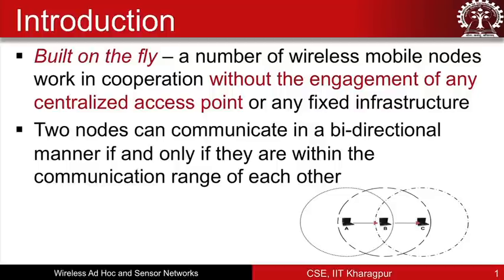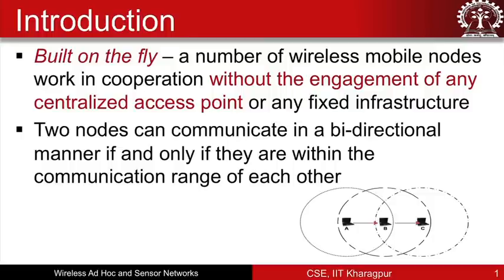This would mean that A and B are within the direct communication range of each other and they can communicate with each other. As I was telling you before, A and B are within the communication range of each other, B and C are, but A and C are not.